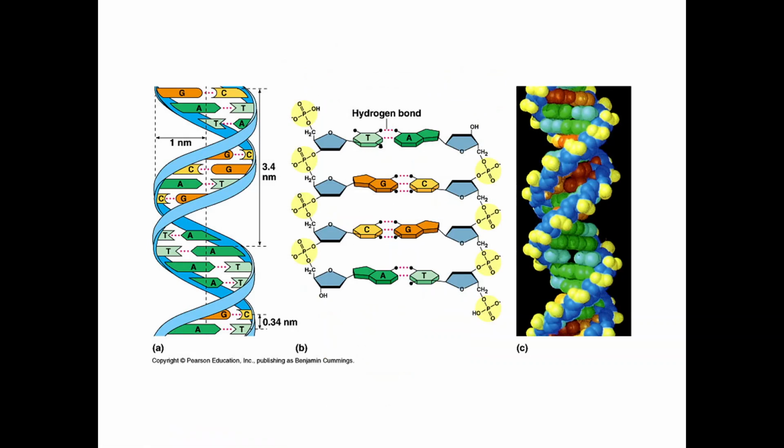And just like we have discussed before, this is done through some hydrogen bonding, right? And so A to T's will always have 2 hydrogen bonds. C to G's will have 3 hydrogen bonds. And these are what form, you know, all of life.